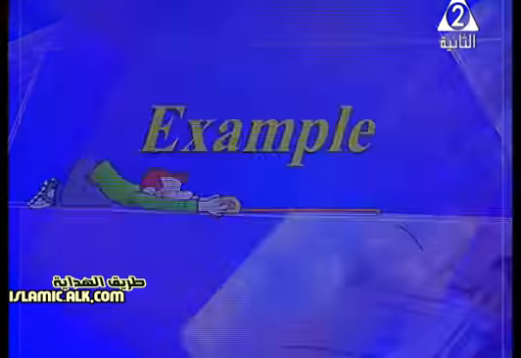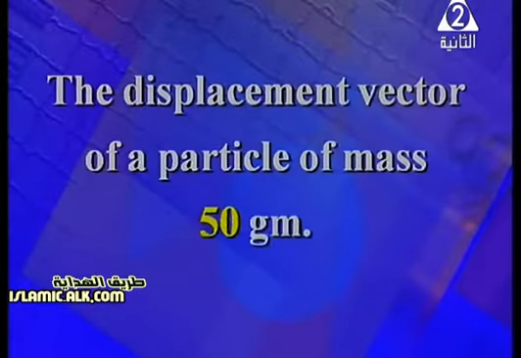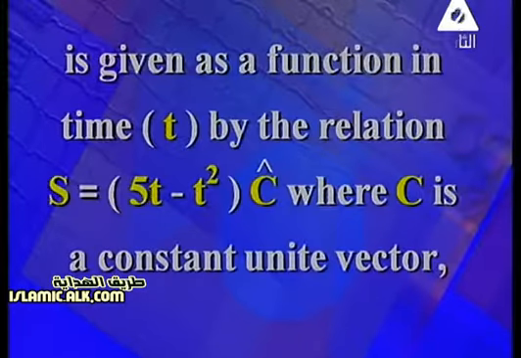Another example. The displacement vector of a particle of mass 50 gram is given as a function of time t by the relation S equals (5t minus t squared) c vector, where c is a constant unit vector.